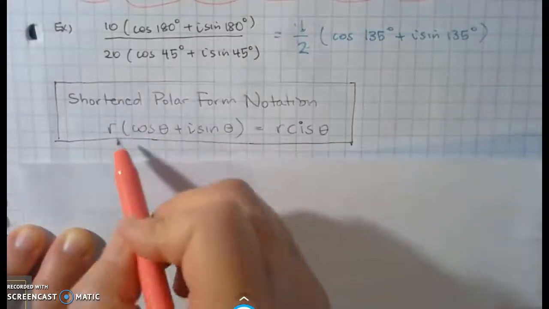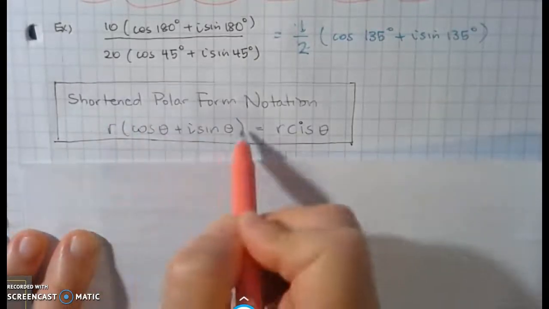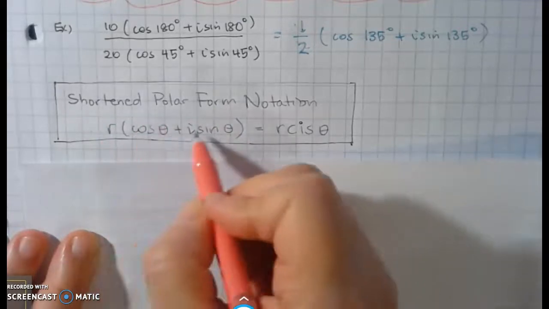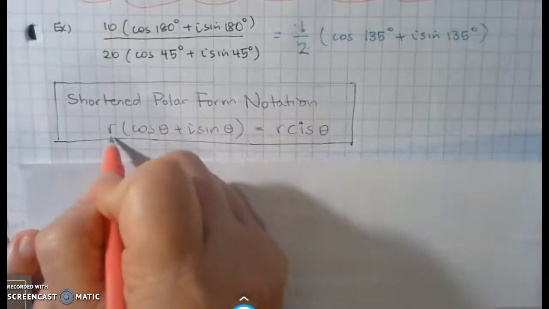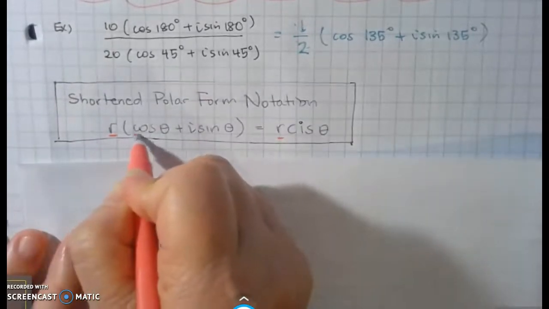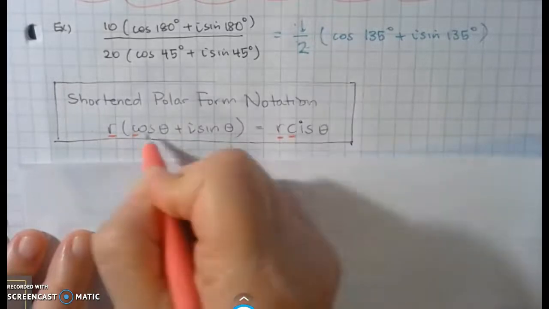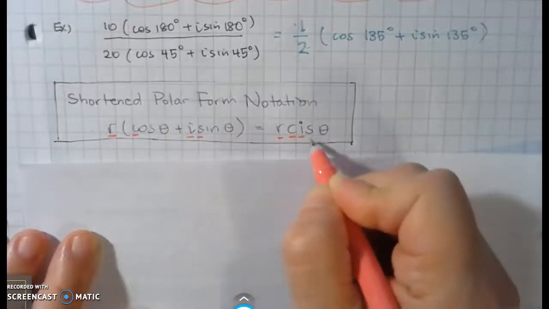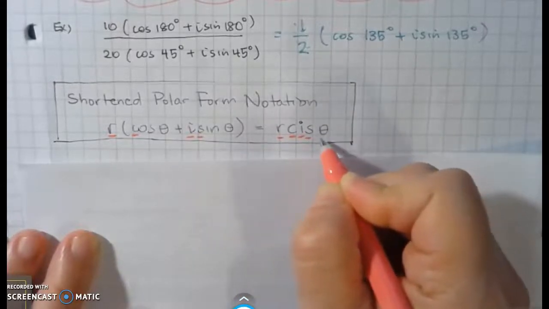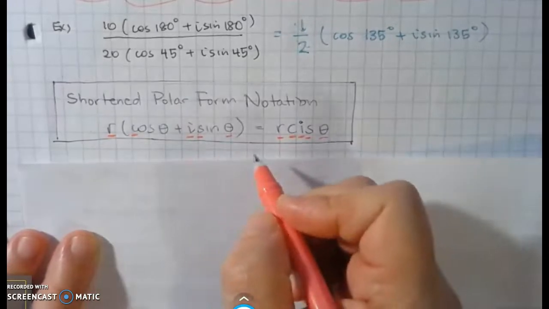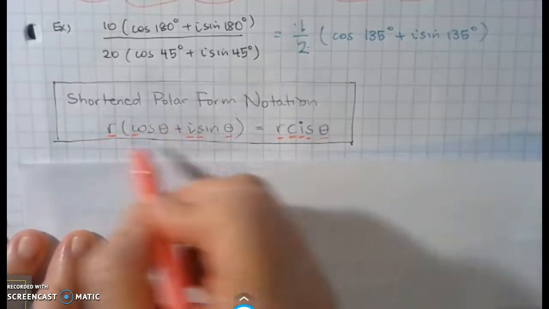So if you're trying to write a complex number in polar form, we can rewrite this and say we have the variable r here, and c comes from cosine, and i comes from this i, and then sine comes from here, and then some angle theta right there.